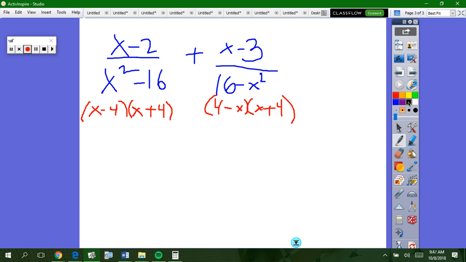They're not, right? They're close. Okay. What's another way I could write him? Negative x plus 4. Do you guys agree with that? What's another way I could write him again? Negative parentheses. Now, look what I have. Now my denominator is the same? No, just because it's negative. So I have two options.